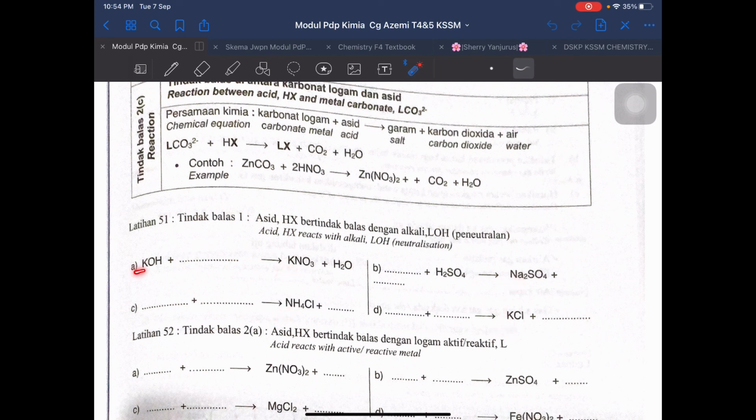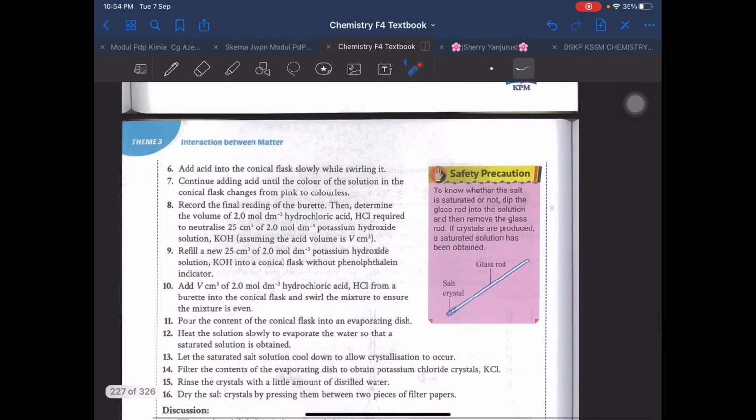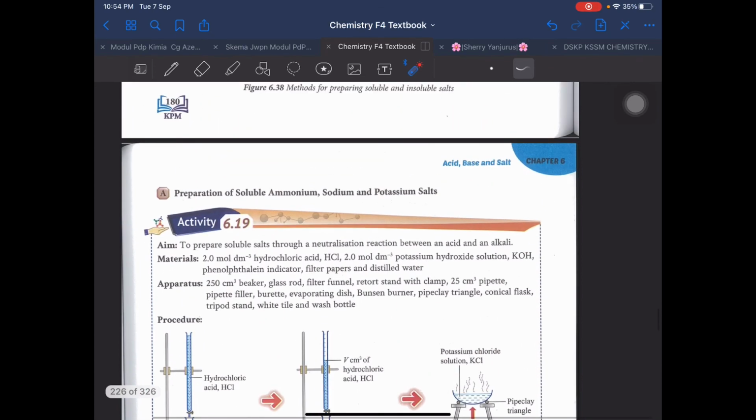So, how to prepare the salts? Macam mana mau cari bahan-bahan dia? Like, what is the alkali and acid needed to prepare this salt? Okay, itu yang kamu perlu tahu. You complete this exercise as an extra understanding for this one. Preparation of soluble salt jenis SAP.